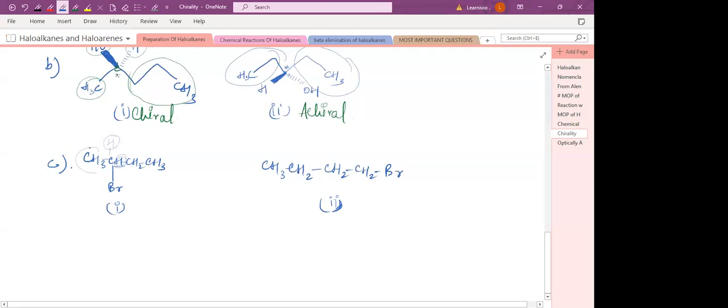Hydrogen is one group, methyl is another, bromine is another, and the CH2 whole group is another. So obviously, the first one will be your chiral, and this is your chiral carbon. Second, this is your chiral molecule, and this is your achiral.